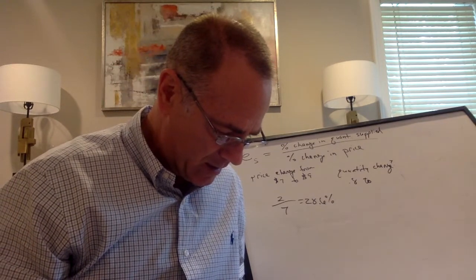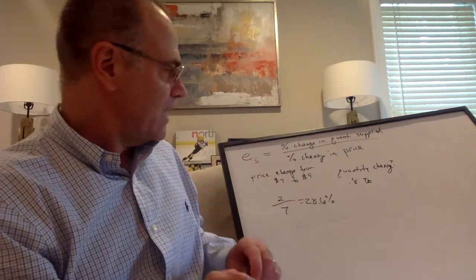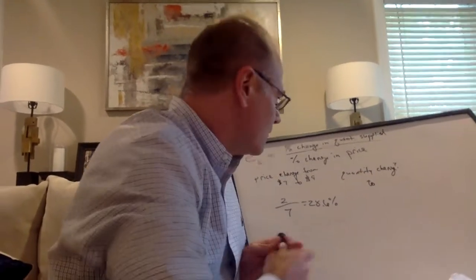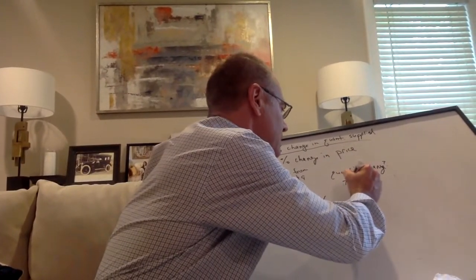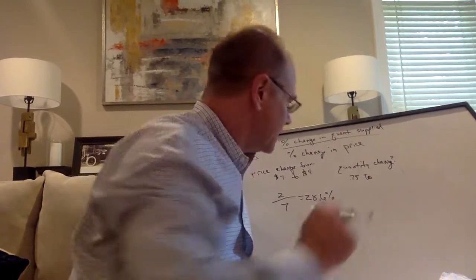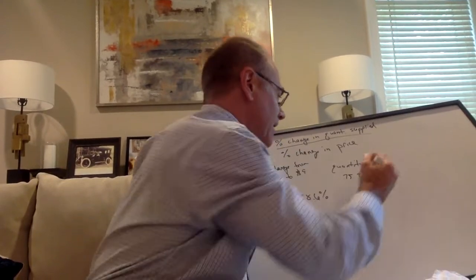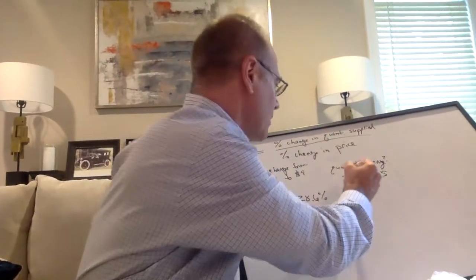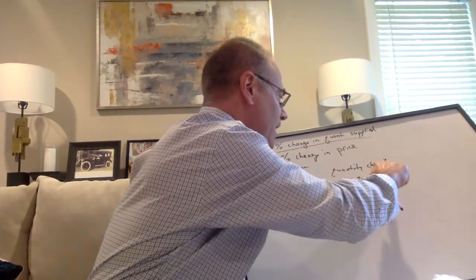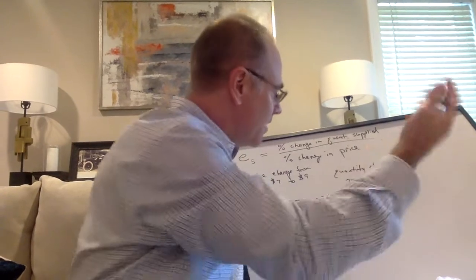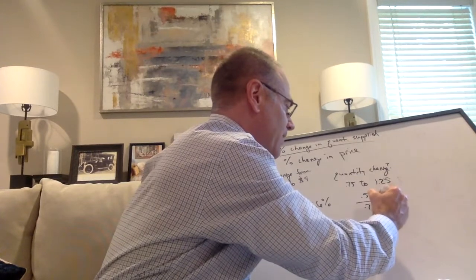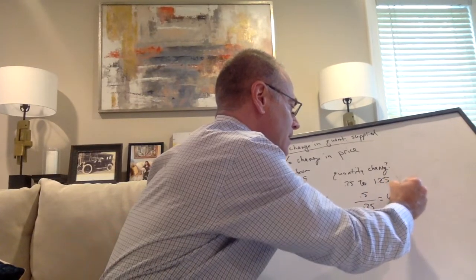So actually, that's wrong. When the price is 7, the quantity is 0.75, and then it increases when the price is 9 to 1.25. The quantity change is 0.5, 1.25 minus 0.75. The percent quantity change is 0.5 divided by the base number, 0.75, and that equals 66.7%.